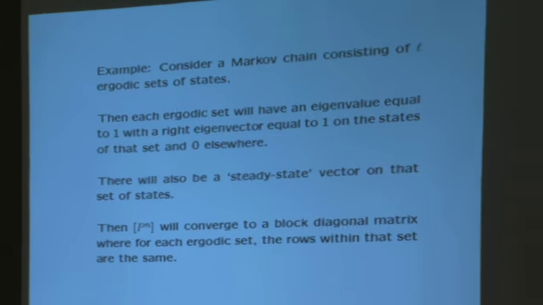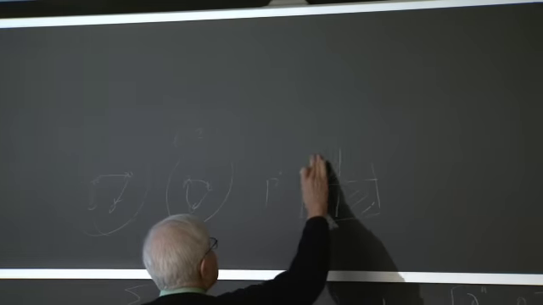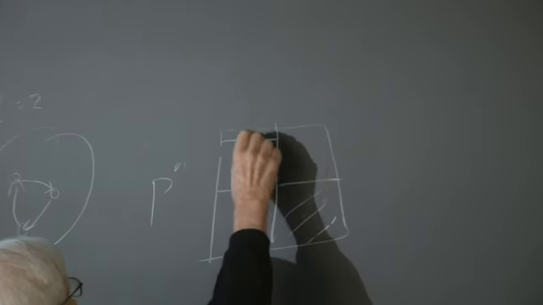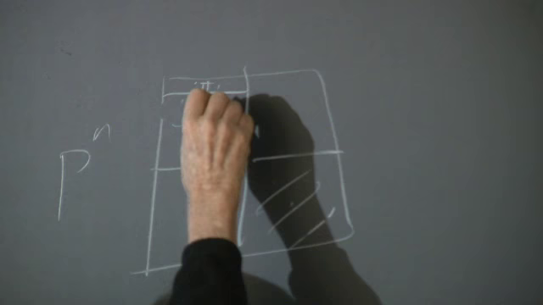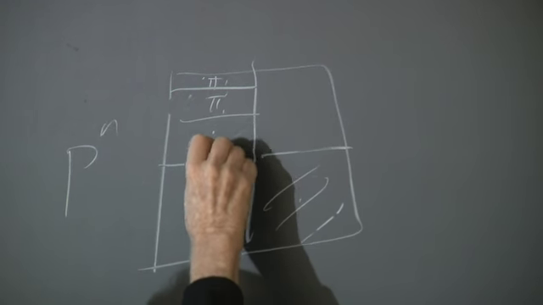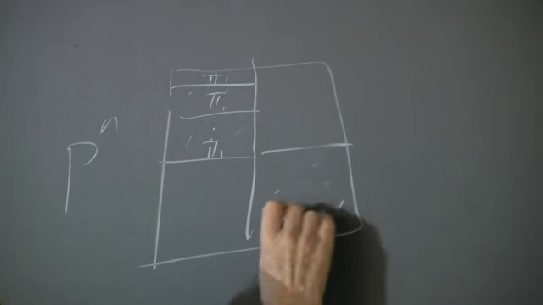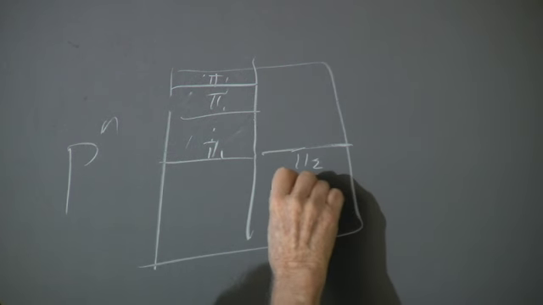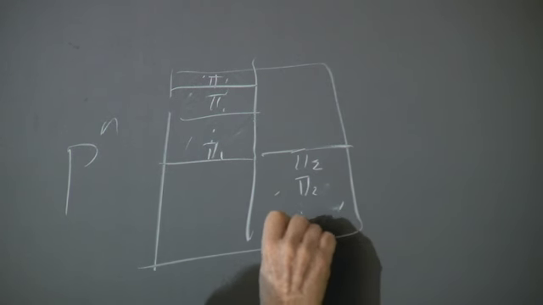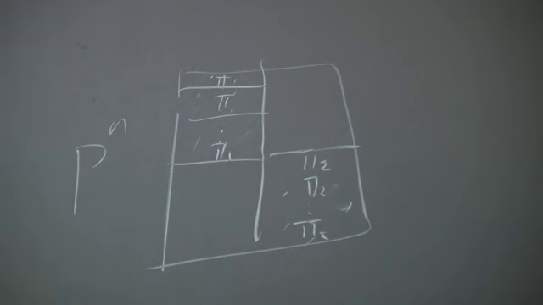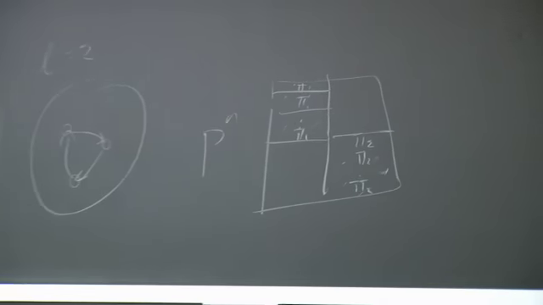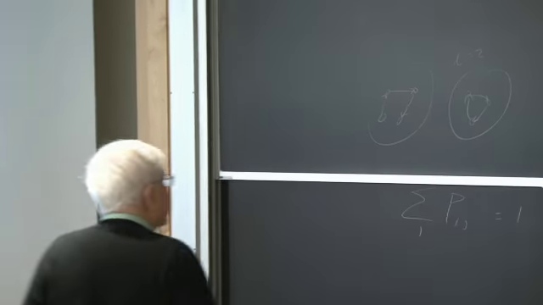So P to the n then is pi 1, pi 1, and then here we have pi 2, pi 2, pi 2. So that's all that can happen here. This is the limit.